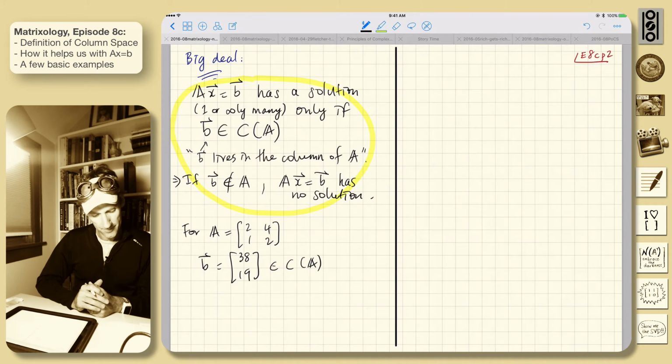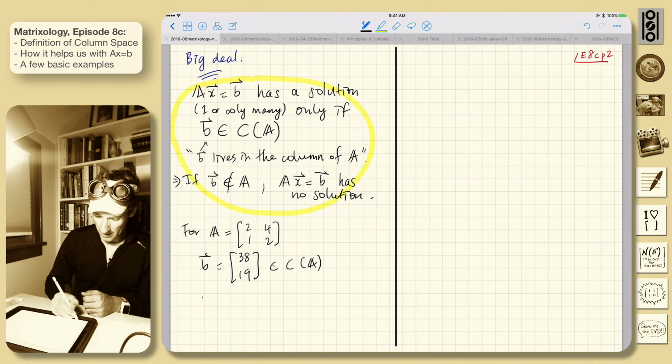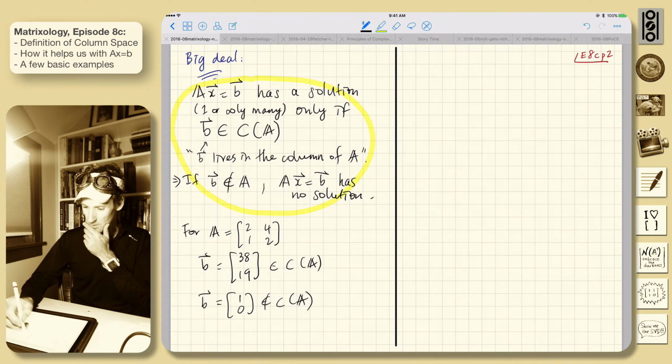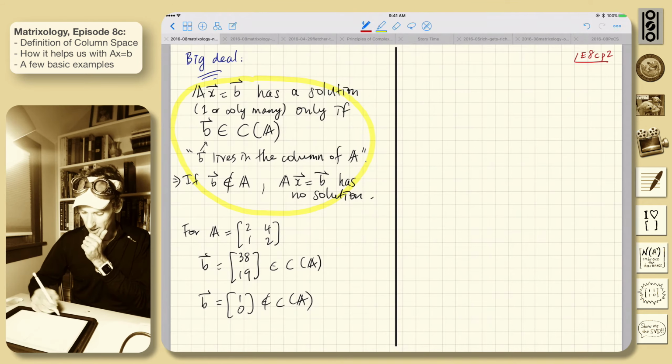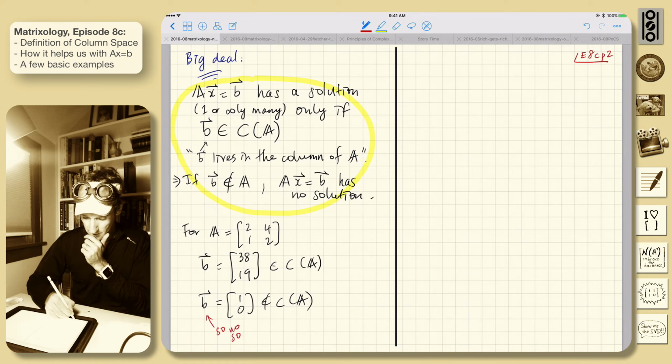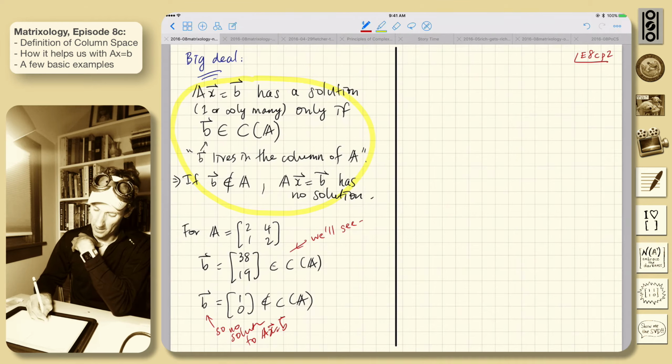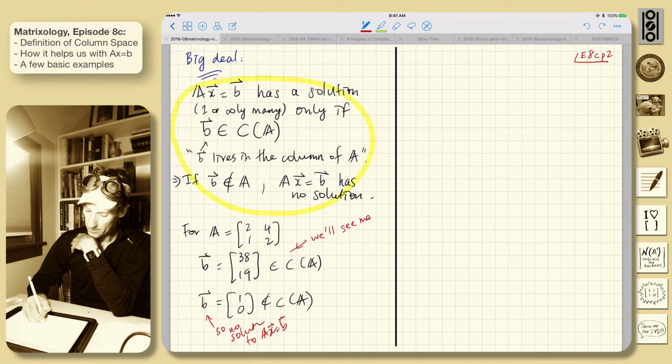We'll get to that. But b = (1, 0), say, is not. So at this point we can say there is no solution to Ax = b. And in fact, we'll see that for this case there are infinitely many.